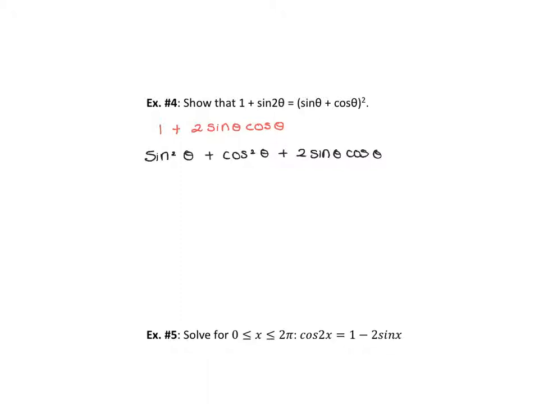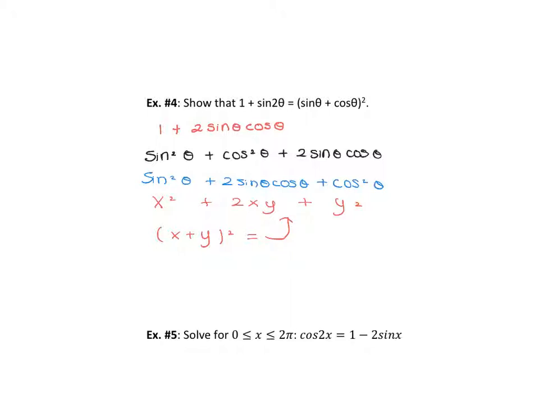Yes. Yep. Because really what this is, if you rearrange it, sine squared theta plus 2 sine theta cosine theta plus cosine squared theta. That's really like x squared plus 2xy plus y squared. Well, we know whenever we take x plus y squared, that's what we get, right?